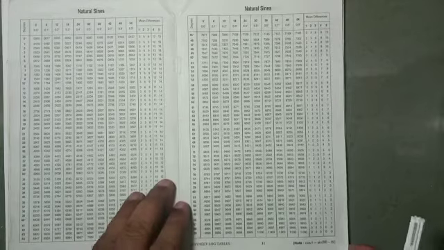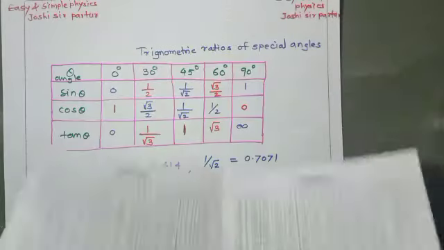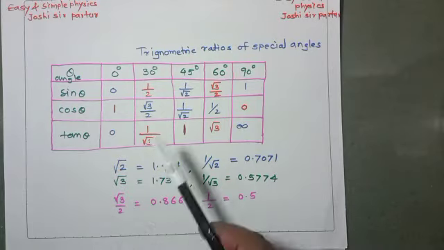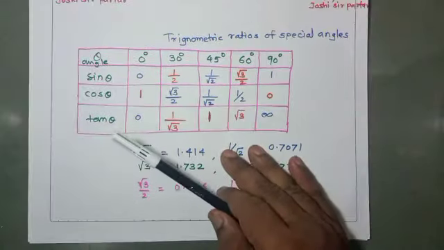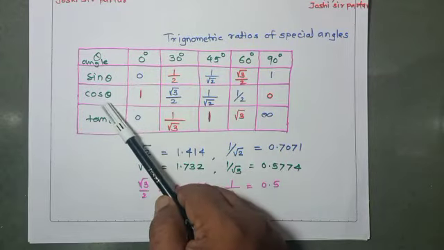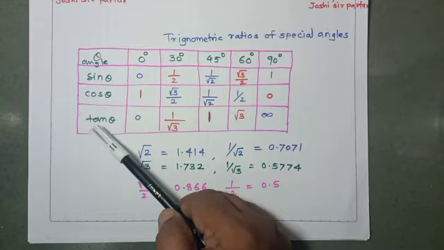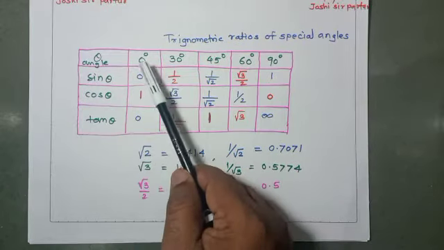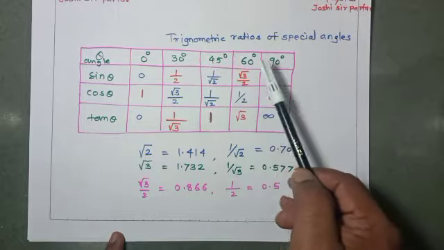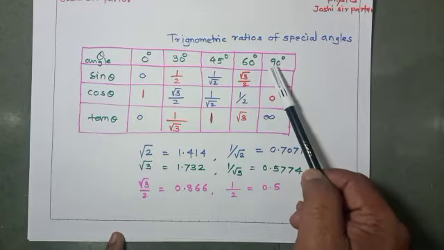Okay, so here we have the trigonometric ratios for special angles: sin theta, cos theta, tan theta, and the angles are 0 degree, 30 degree, 45 degree, 60 degree, 90 degree.